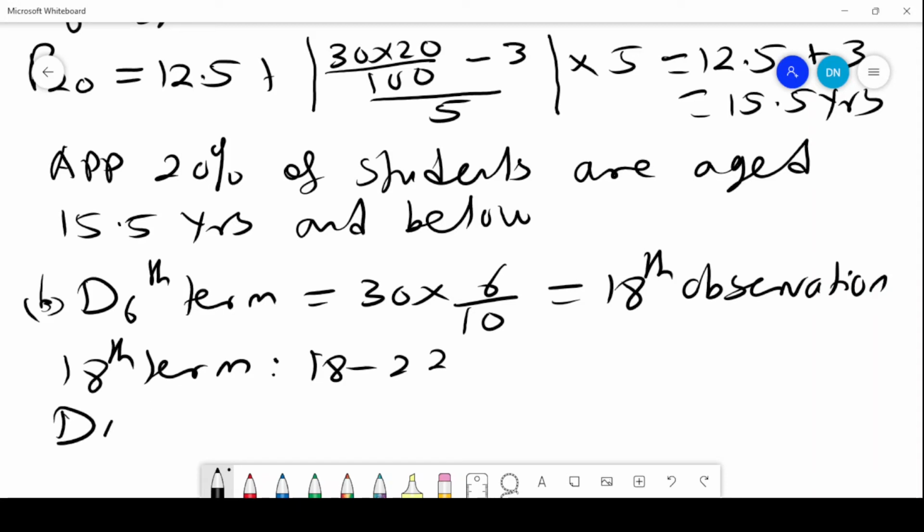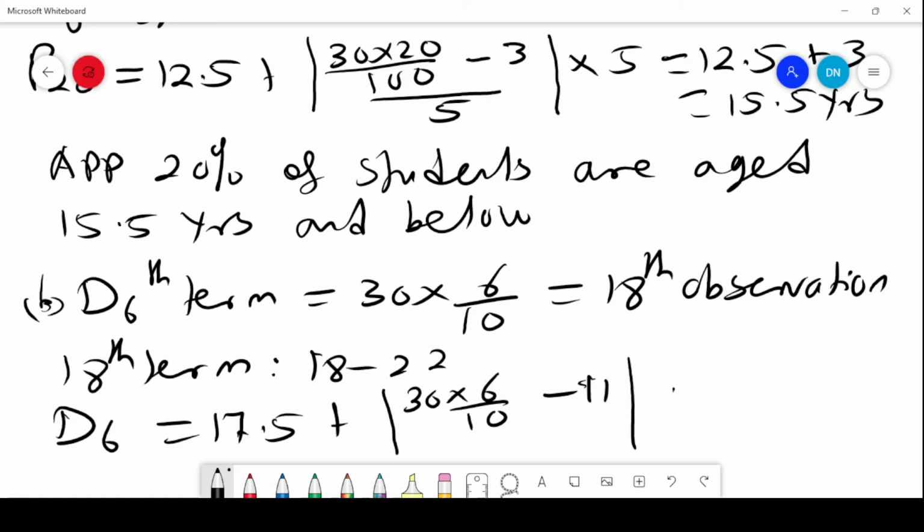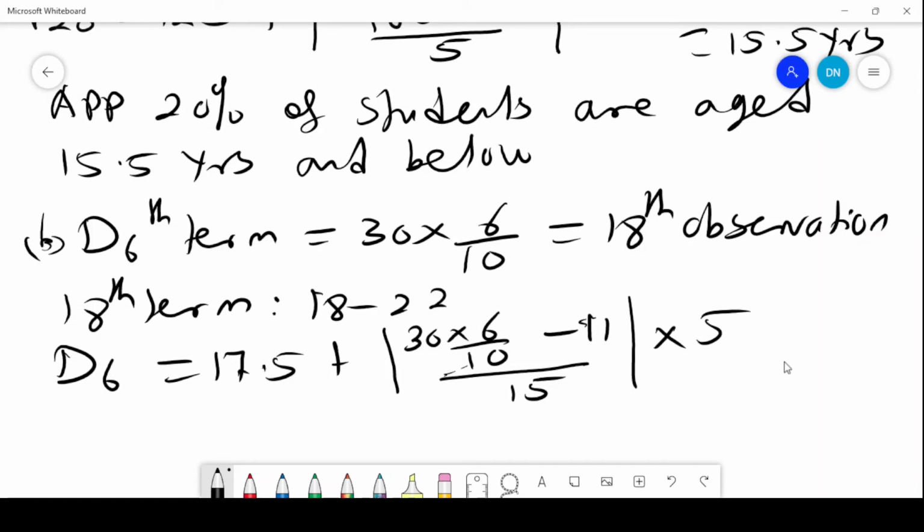Therefore, I can say that the D6 will be 17.5 plus 30 times 6 over 10 minus the sum of the frequencies before that class, which is 11, times 5 divided by the frequency of that class, which is 15. The sum of frequencies actually is not 11, but it is 8. 8 is given by 3, frequency of the first class, plus the second class, which is 5.